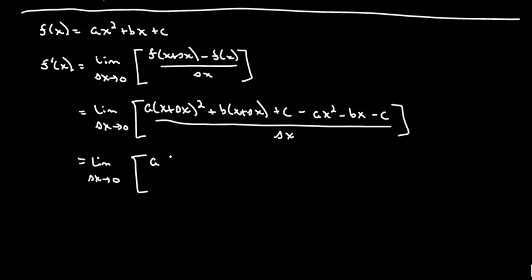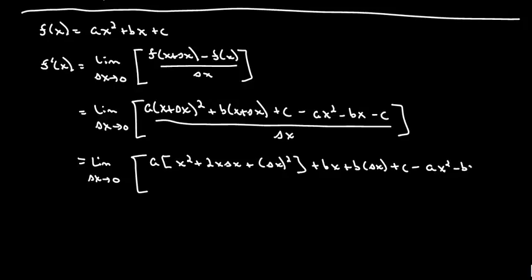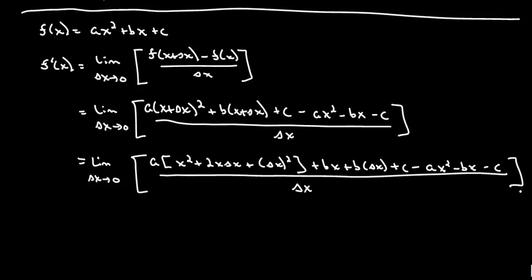So this is a times the quantity x squared plus 2x delta x plus delta x squared, plus bx plus b times delta x plus c minus ax squared minus bx minus c, all over delta x. Okay, so let's just do one more long step out here before I start canceling things.